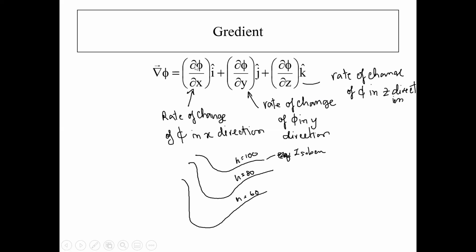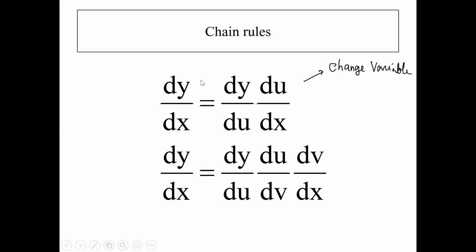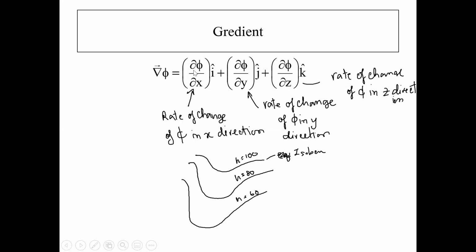And you see that this d is not written the same as the one before. This is called partial differential. Sometimes we pronounce it as del.